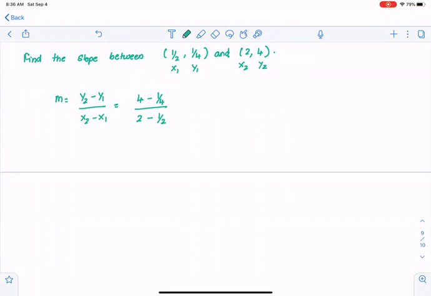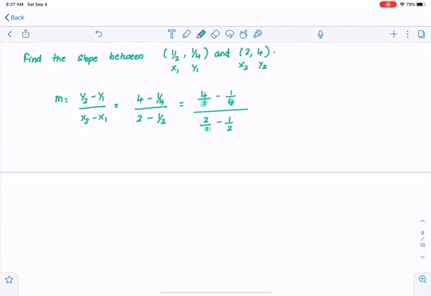Of course, you can use the calculator to combine the numerator and the denominator because they are just numbers, but understanding the process is crucial so that we can use the same process to combine functions that are simply written in terms of variables. So I want to combine 4 and 1 over 4. It simply means 4 over 1 minus 1 over 4, entire thing divided by 2 over 1 minus 1 over 2.